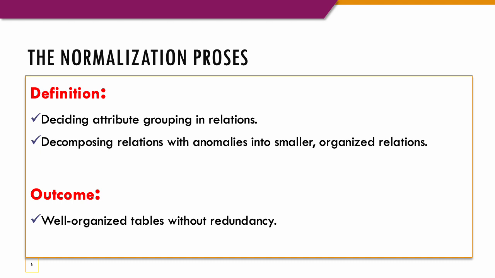With a clear structure, the database avoids update, insert, and delete anomalies, making it easier to maintain consistency. Through normalization, a database is transformed into a structured, efficient design that minimizes redundancy and ensures data integrity.